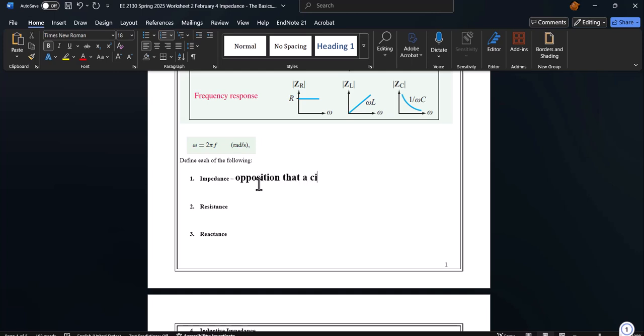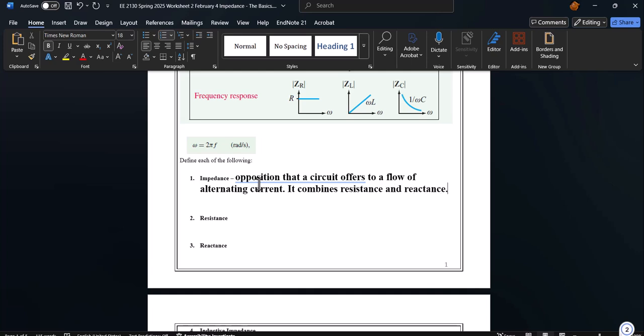Opposition that a circuit offers to a flow of alternating current. I'll say it combines resistance and reactance. Now, resistance you're very familiar with from circuits 1.